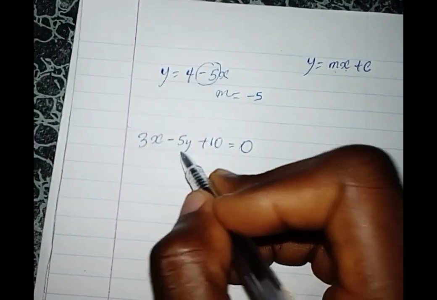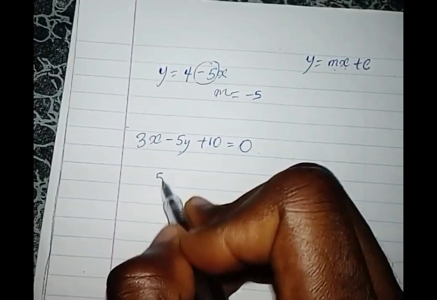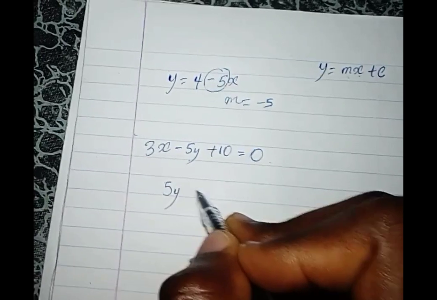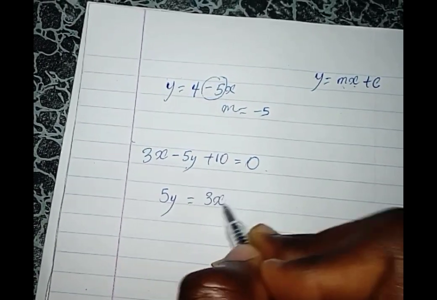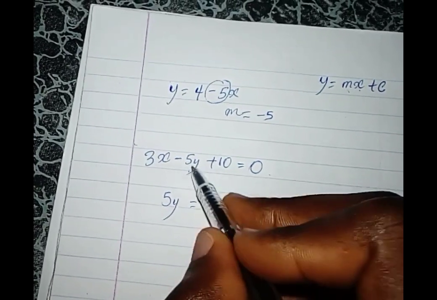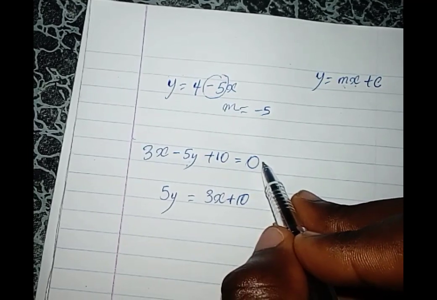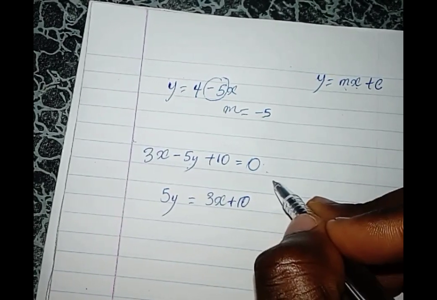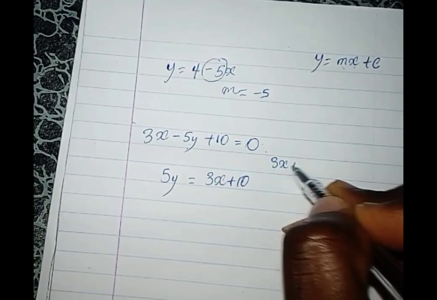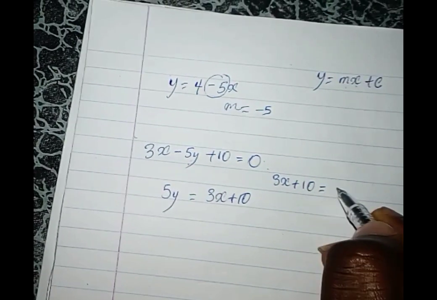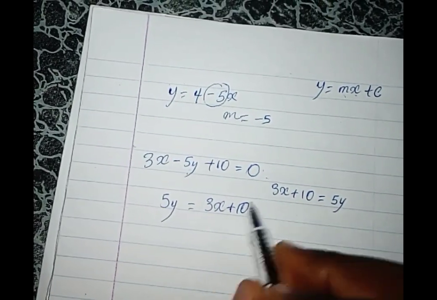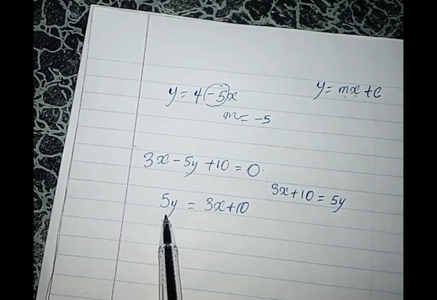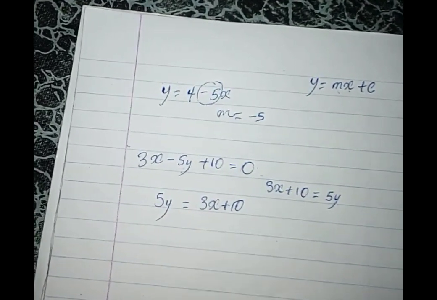By rearranging, we take the 5y to the other side, and that will be 5y is equal to 3x plus 10.